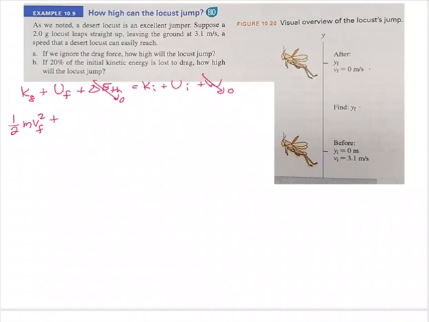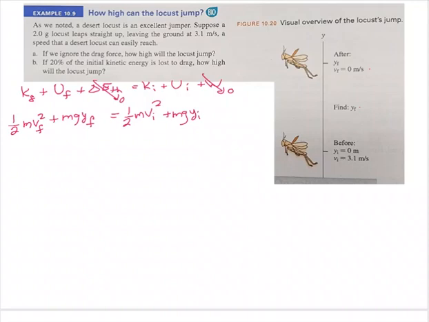Yeah, sure. So we have m, g, and then y would be y final for this one, equals, now K initial would be 1/2 mv initial squared, and then plus U initial would be mass times gravity times y initial, mgy initial.